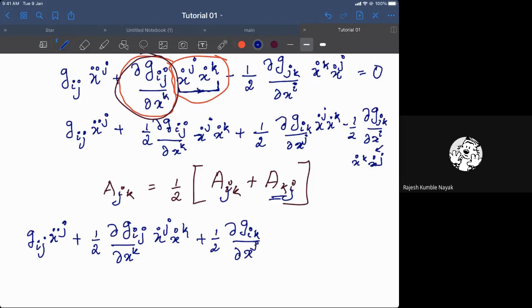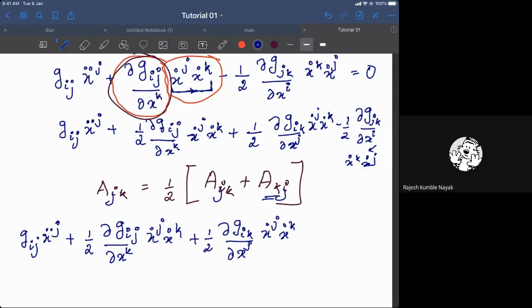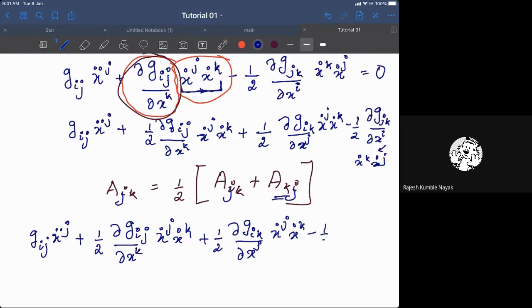Now the last term, I am not going to do anything. It has jk and one free index i, and then you have x dot j and x dot k. Is it clear now?